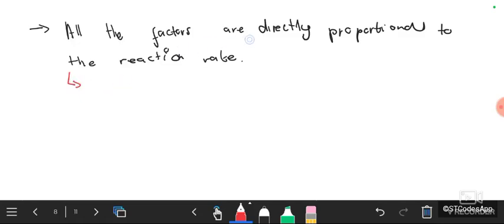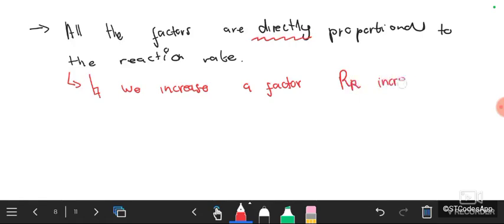Now, if we speak about something being directly proportional, we will speak about that in physics. If we speak about something being directly proportional, it means that if we increase the factor, if we increase temperature, for example, it will increase the reaction rate. So if we increase a factor, just know that the reaction rate also increases. RR means reaction rate.